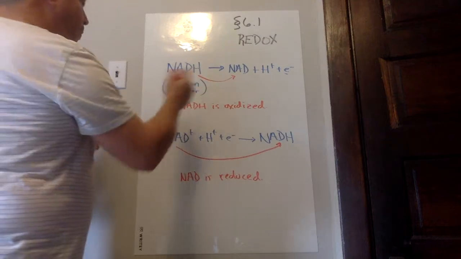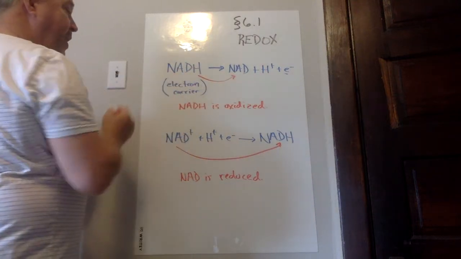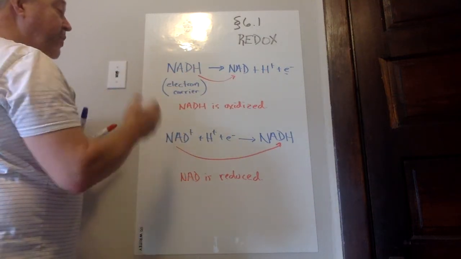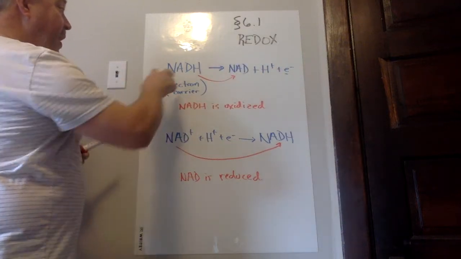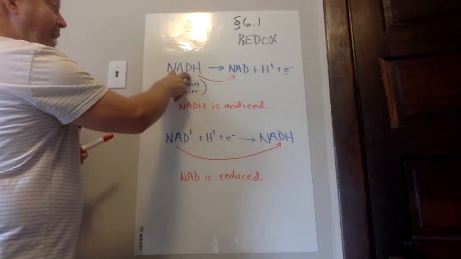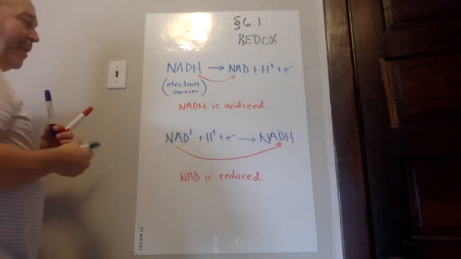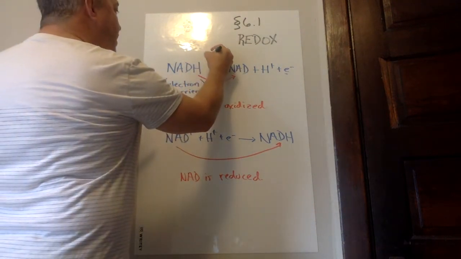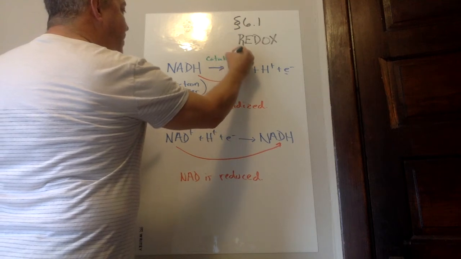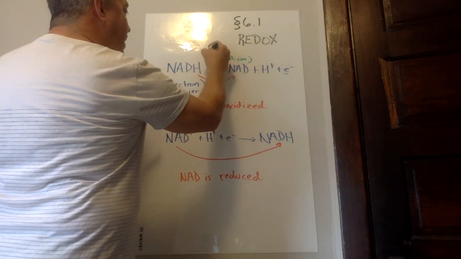So you notice, all we did was we went back the other way. Many chemical equations can go both directions. In this case, NADH is the reactant. These are the products when it is broken down, when it is catabolized. So this is catabolism, because we're breaking something down.